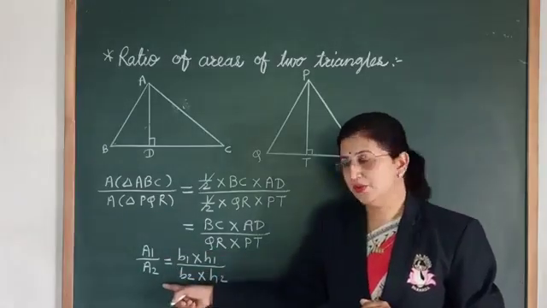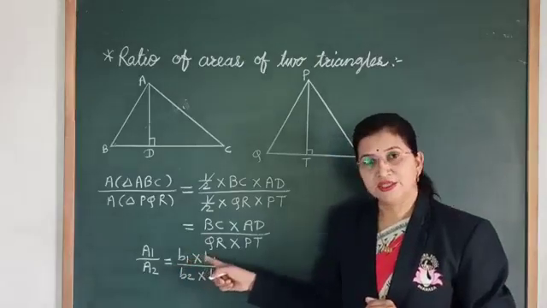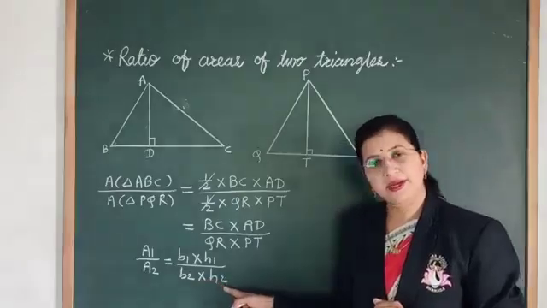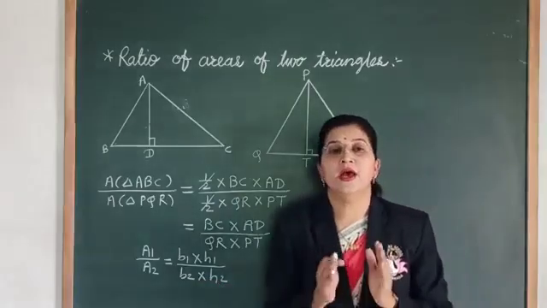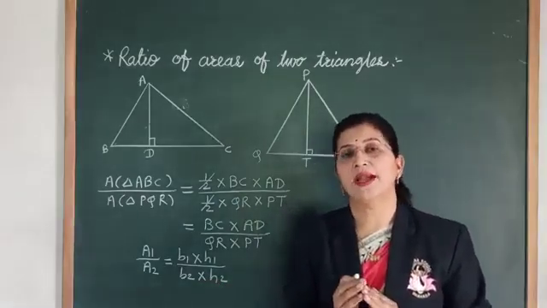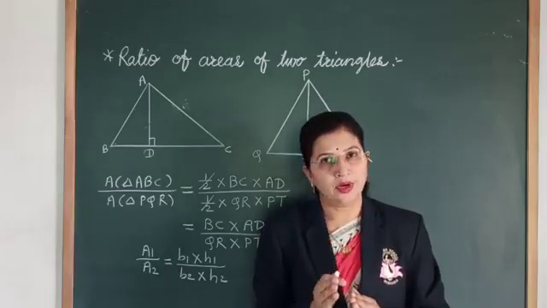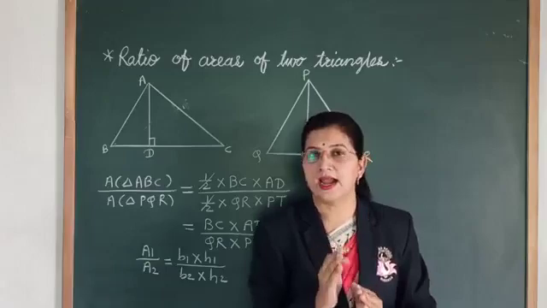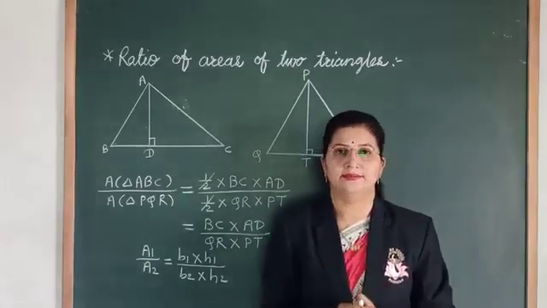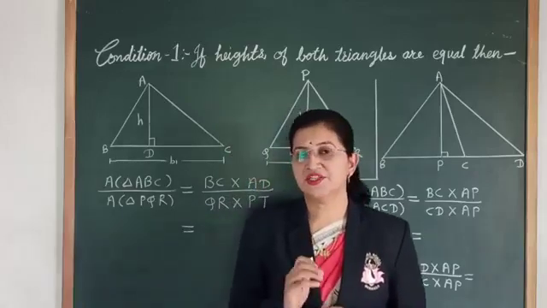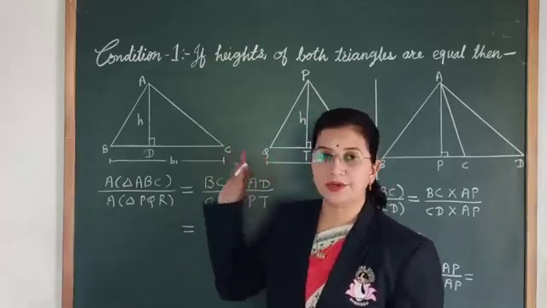A1 upon A2 is equal to base into height, that is B1 into H1 upon B2 into H2. Okay, so in this way ratio of areas of two triangles is equal to the ratio of product of their bases and corresponding heights. Dear students, suppose some conditions are imposed on these two triangles.